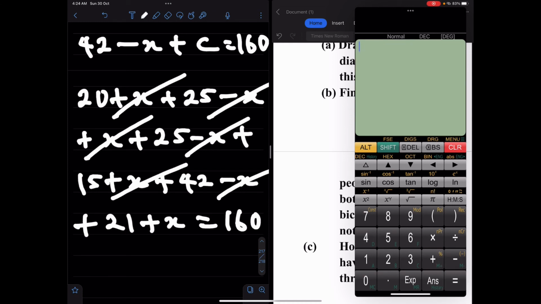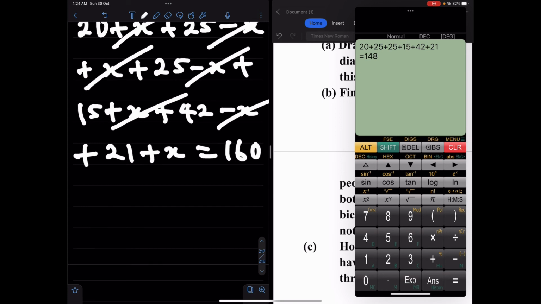That's 148. Let me do that again to be sure I didn't make any mistake. 20 plus 25 plus another 25 plus 15 plus 42 plus 21, and that's 148. That's correct.